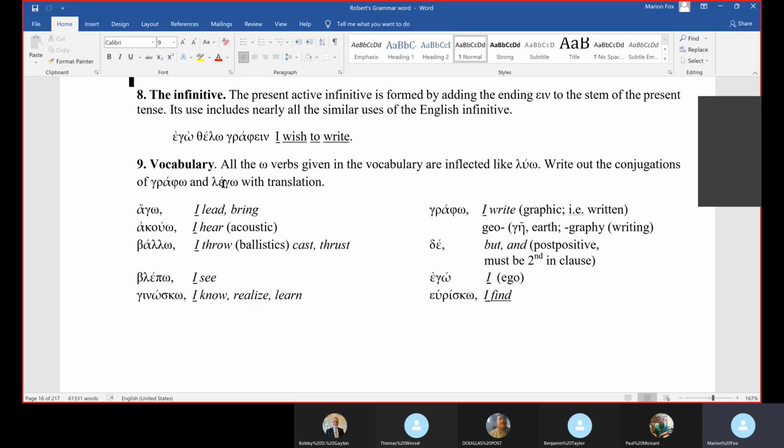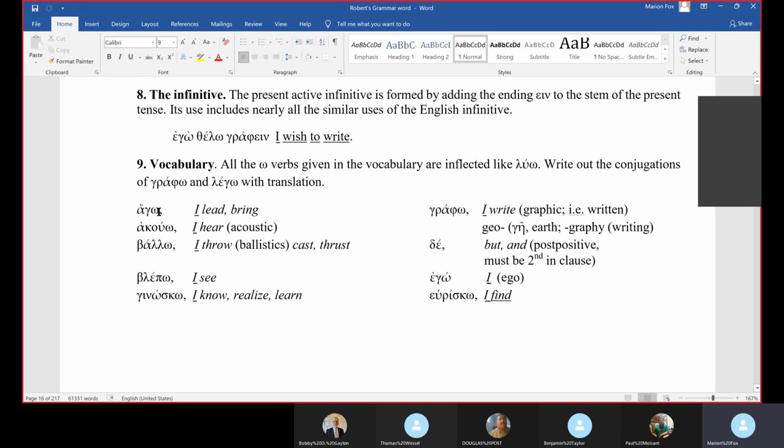And we have here, that term is used for God's word. God spoke his collected thoughts on the salvation of man, for example. Now we have ago, we've already had that, and that's I lead. And of course, age would be he leads, or she leads, or it leads.